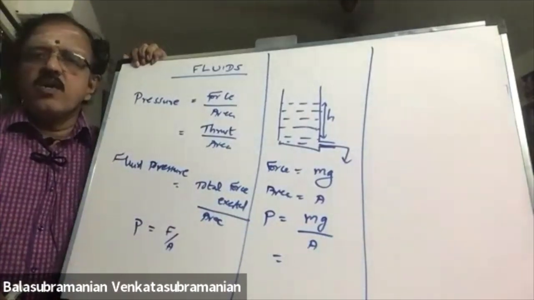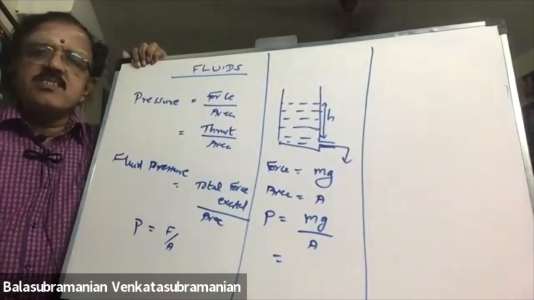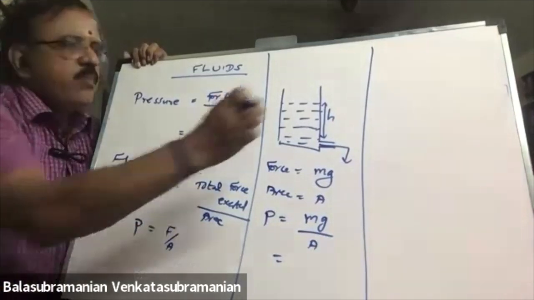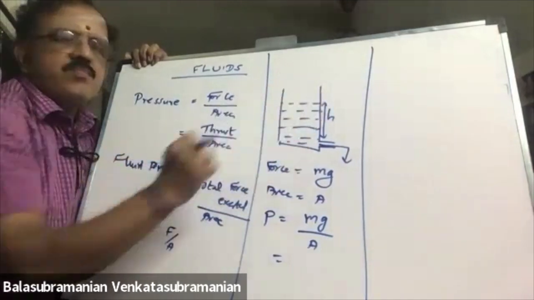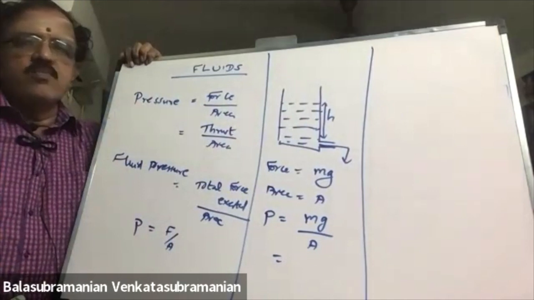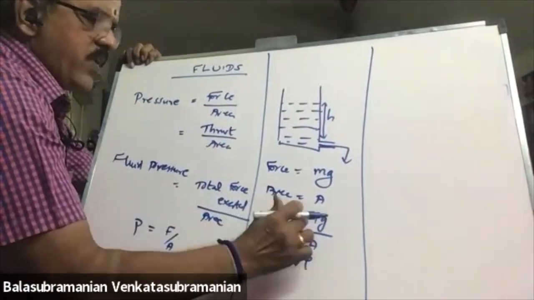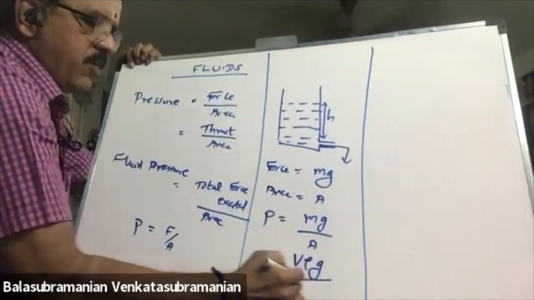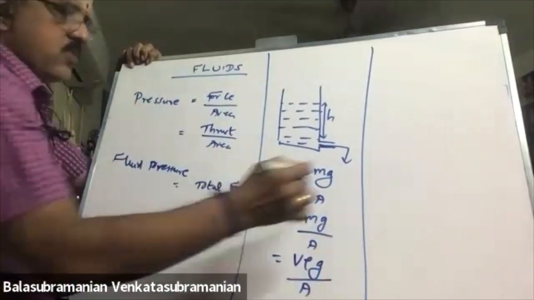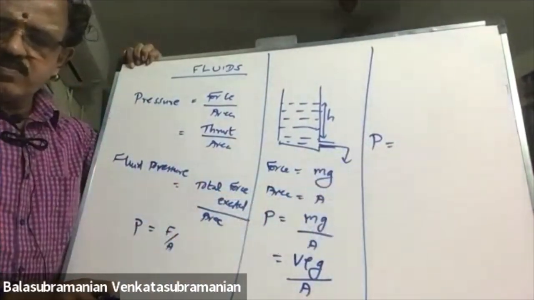But what is volume? Volume into density is called mass. The volume of the liquid here, this portion, into the density, we call it mass, into g by A. So I can write pressure is equal to, what is volume?